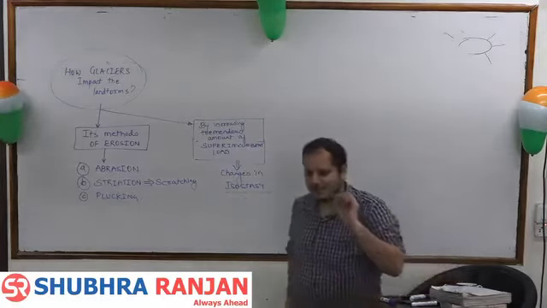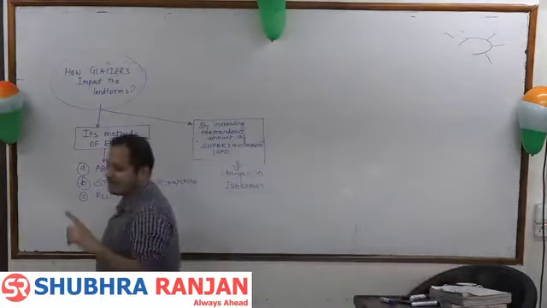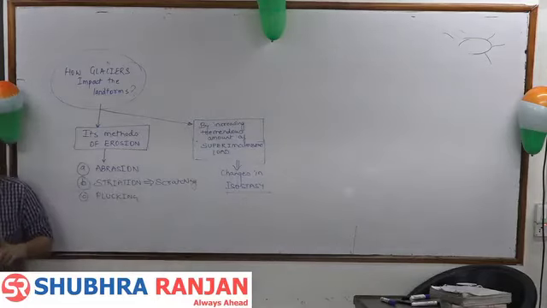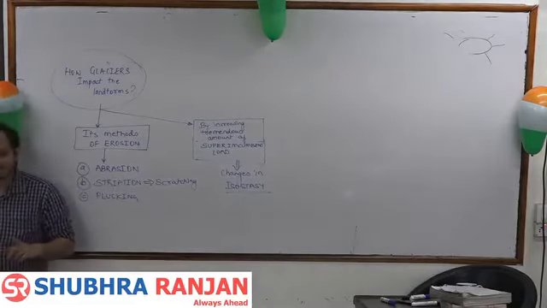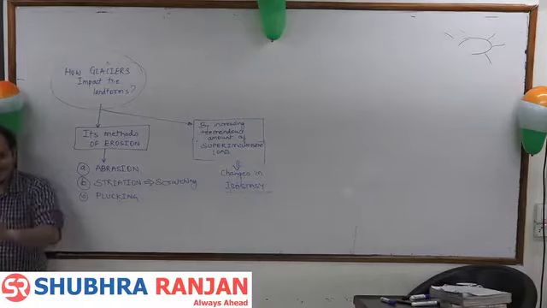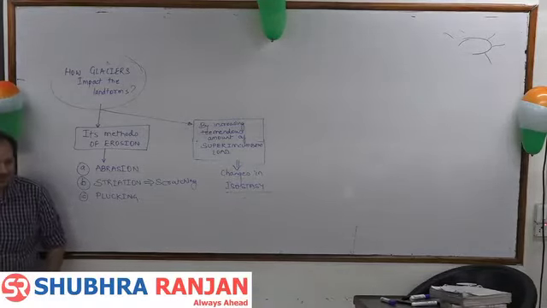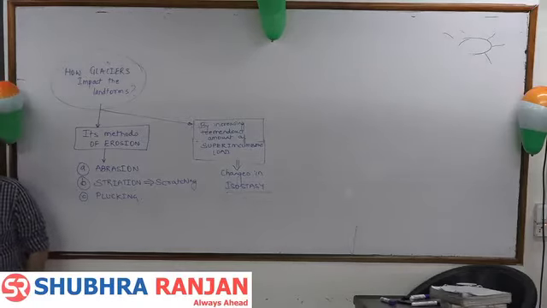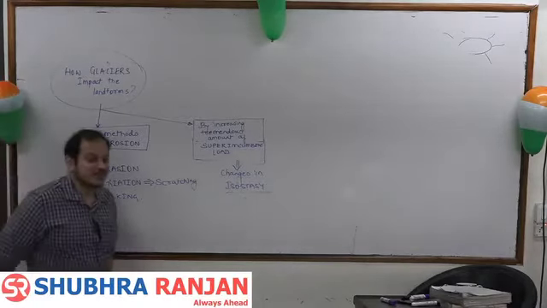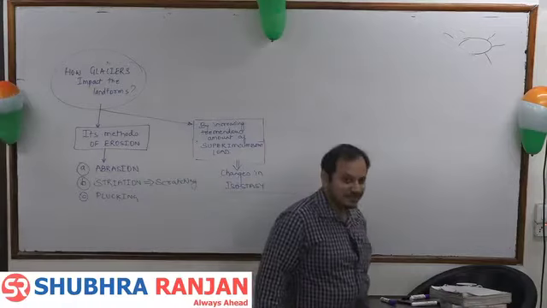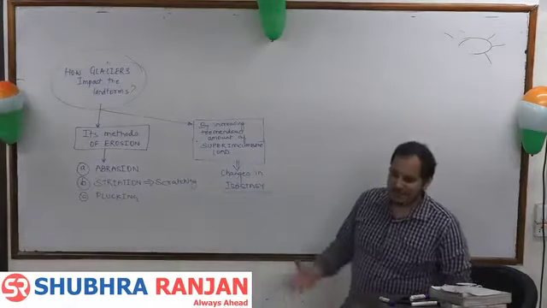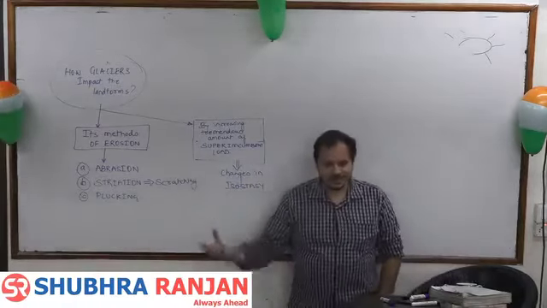Increasing global warming, will it be related to earthquakes, tsunamis and volcanoes? Yes or no? Bas. Yes, how? Yes, isostasy, pressure will change, and therefore the earth will try to readjust itself.